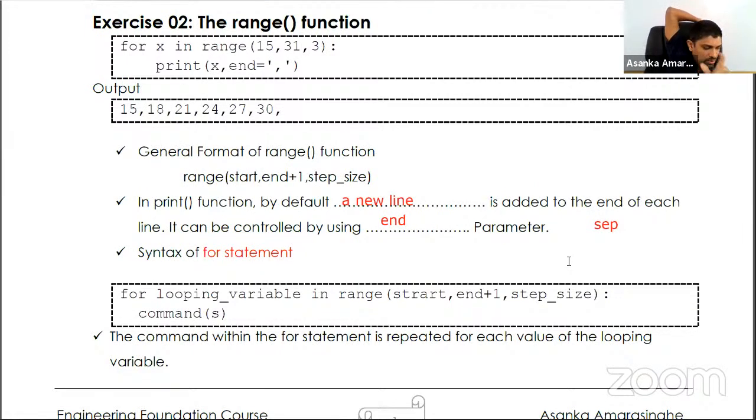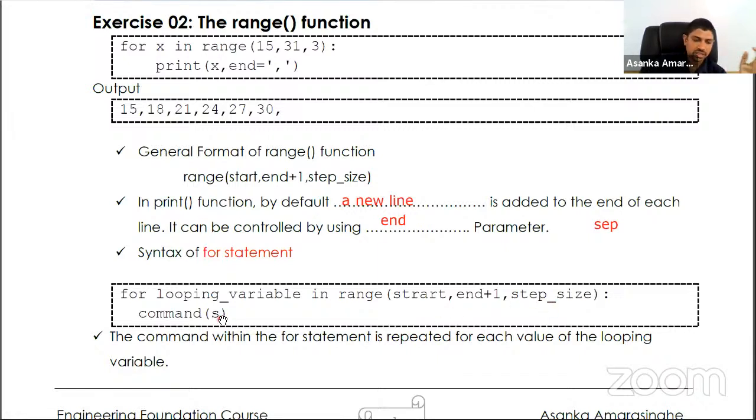Then the third point is the syntax of the for statement. Always you have to start with the keyword for, then you have to put any variable there. X කියලාම දාන්න ඕනේ නැහැ, y a b ඕන එකක් දාන්න පුළුවන්. In is a keyword, then you have to put the range function, in which you can put start, n+1, step size.